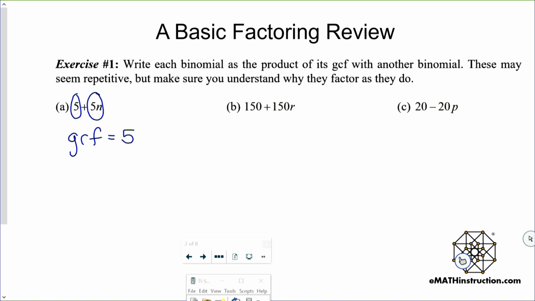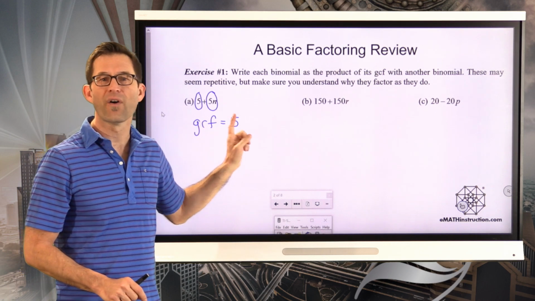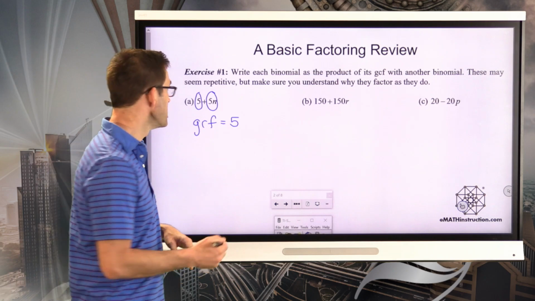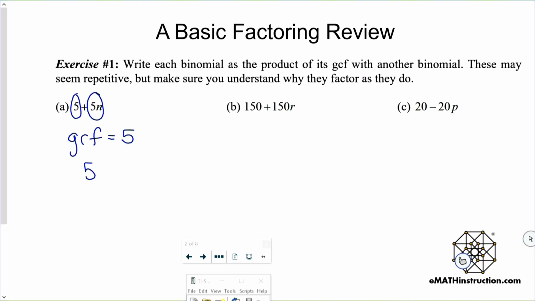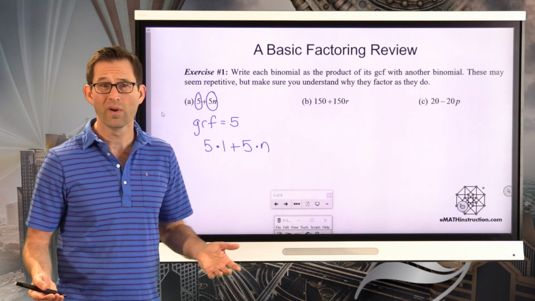equals 5, right? So if I want to write this binomial, 5 plus 5 times n, in factored form with this GCF, it might be good to think about it as 5 times 1 plus 5 times n, right? And I know, you normally don't think of 5 as 5 times 1, but it really is, right?